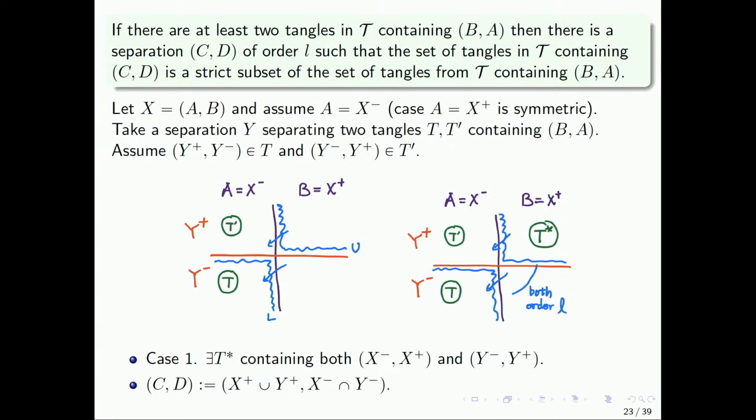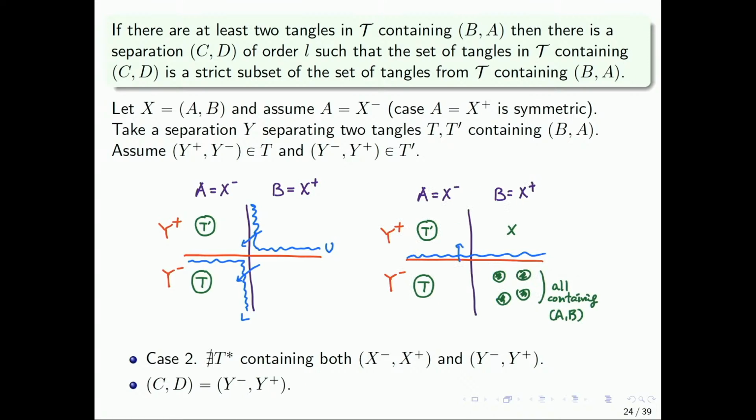And this means that if you take this separation, it has fewer tangles than the BA one, because we exclude this T prime, right? Does it make sense? Yes. And otherwise, all the tangles lie on the bottom part, all containing this part.